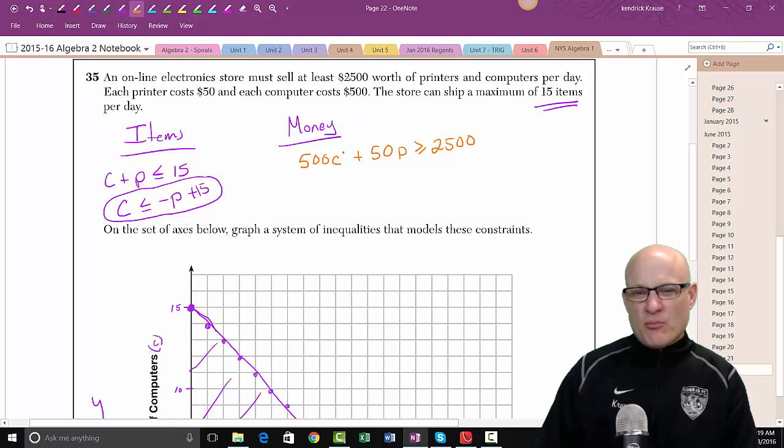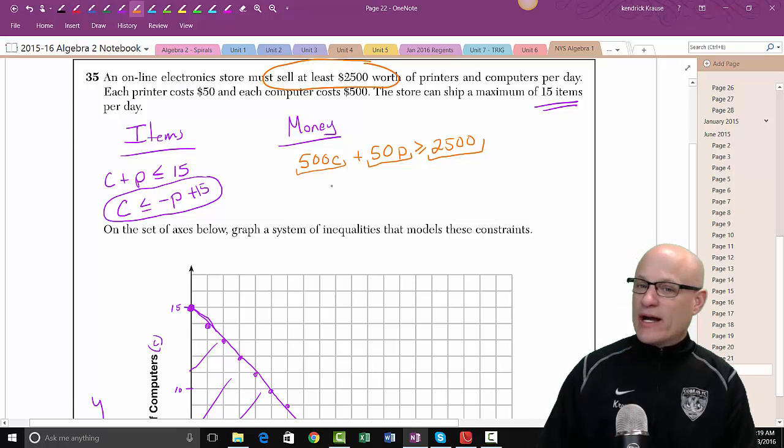Make sense? Money from the computers, money from the printers, and we need it to be at least $2,500.